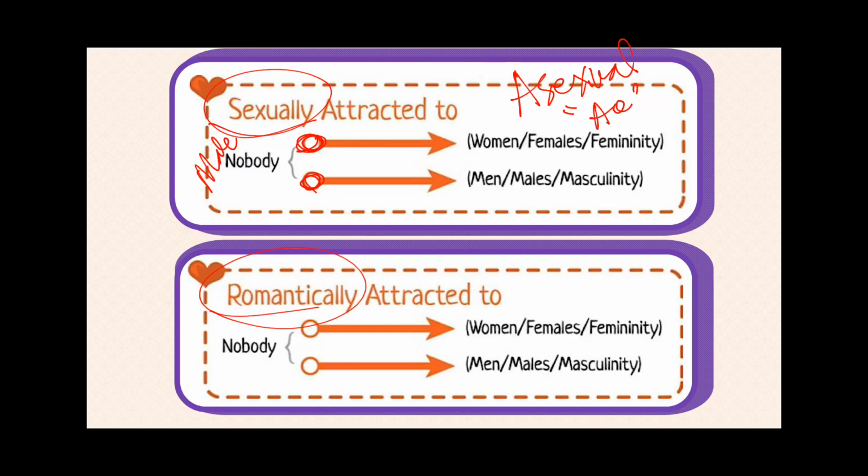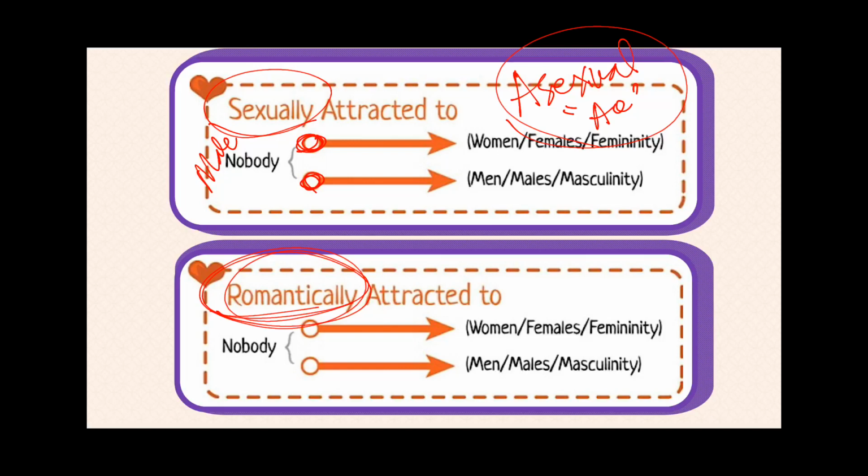Some people just don't like the idea of sex at all. And that's the reason we have also romantic attraction in the picture. Because there are ace people who are still capable of having romantic feelings even if they don't have sexual feelings.